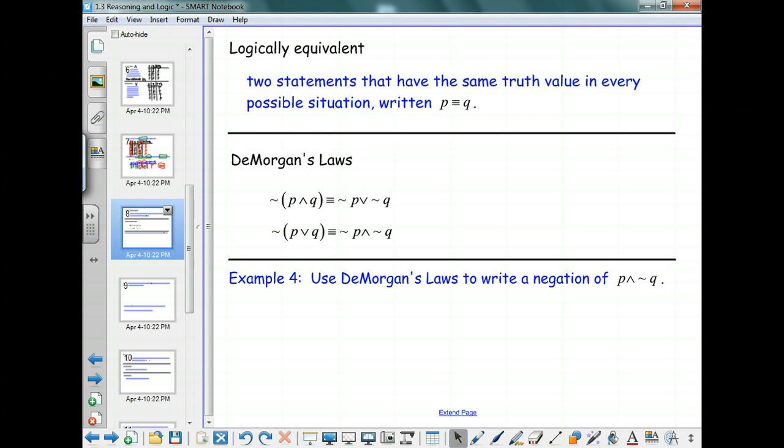I want to talk about what it means to be logically equivalent and De Morgan's laws. So two statements that have the same truth value in every possible situation are written as P and Q, and what's between them? What does it look like? Like a barcode that it kind of has.